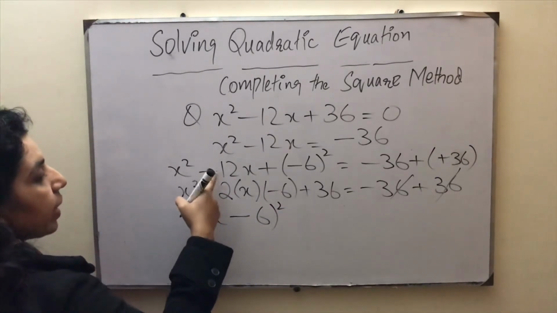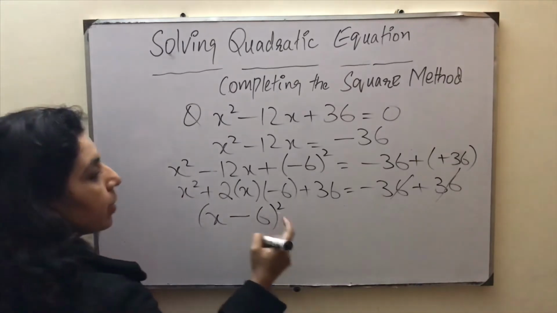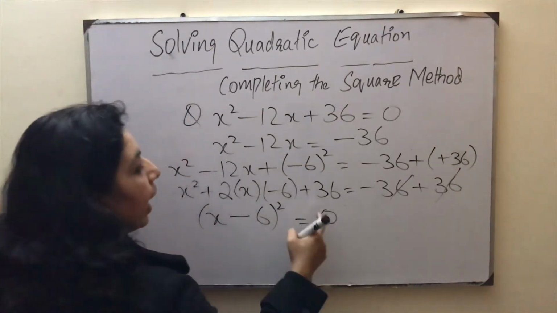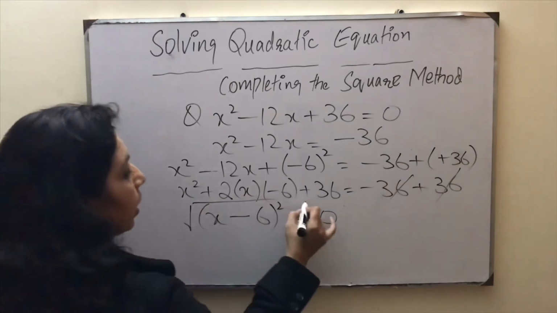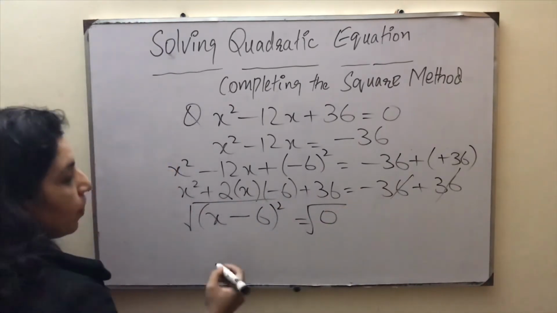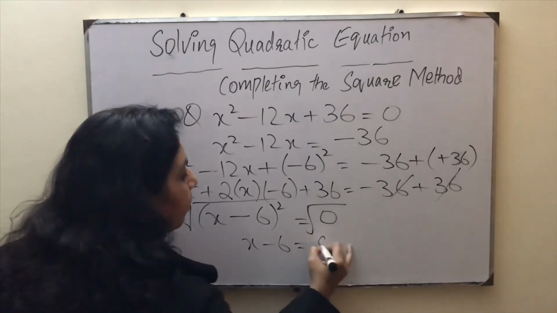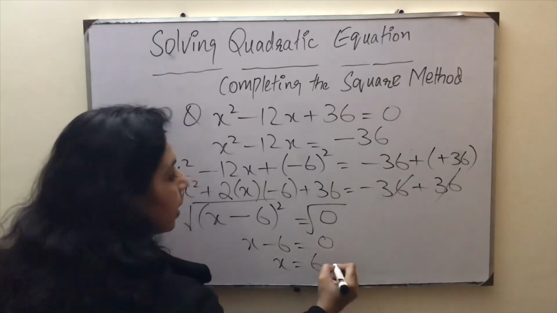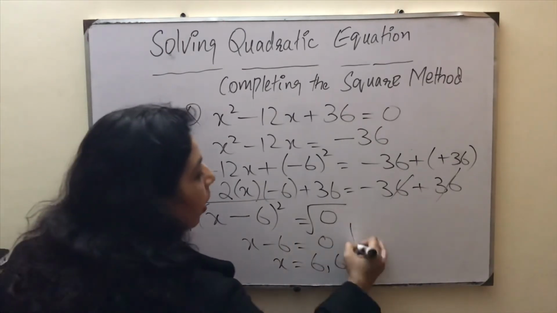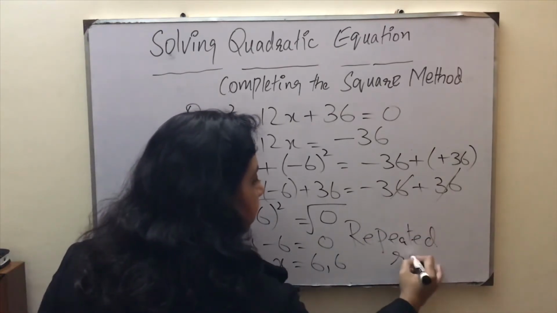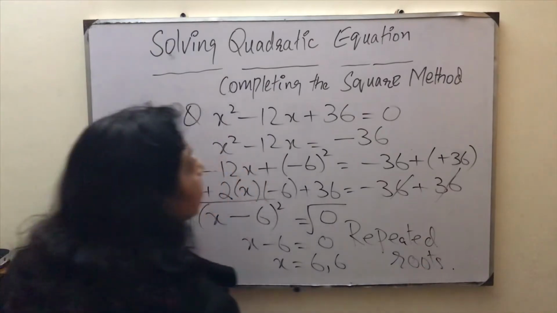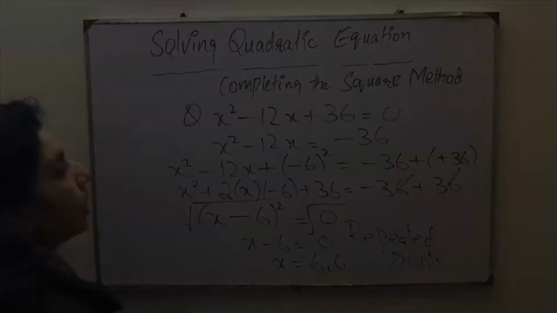This negative sign will come here: x minus 6 whole square equals 0. As the right side of the equation is 0, we take the square root. The square root of 0 will remain 0 and your two roots will be the same, x equals 6 and 6, or you can write repeated roots. Both roots of this equation are 6.